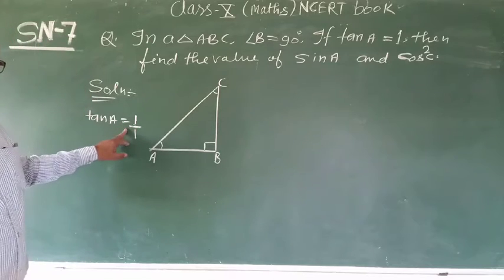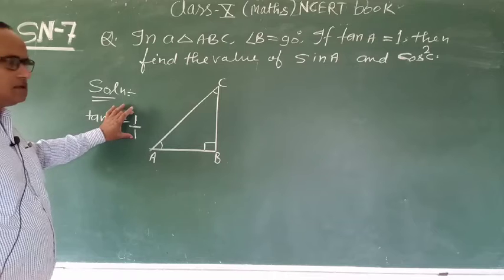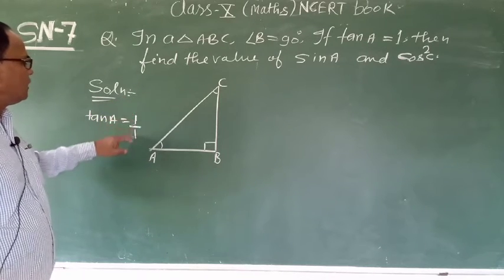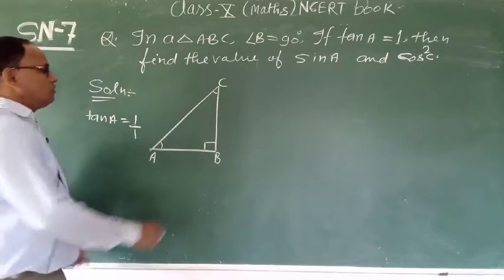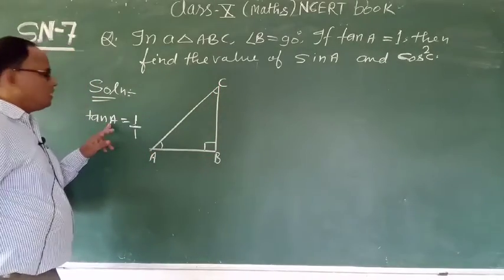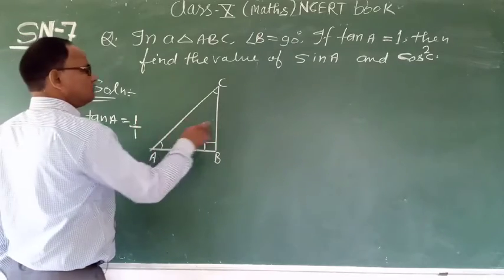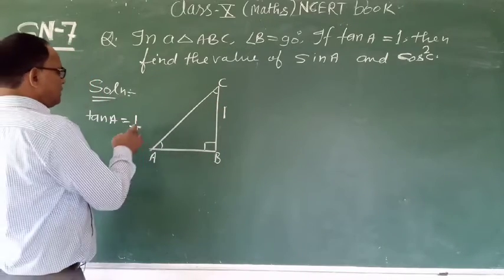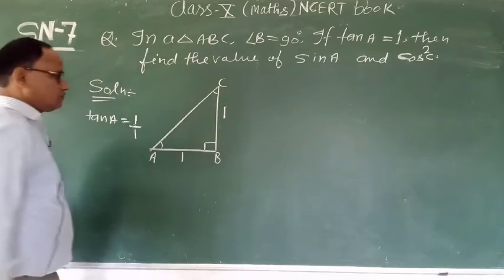So 1 and 1 here. The ratio of tan A is equal to perpendicular by base in triangle A. BC is the perpendicular line with value 1 and AB is the base with value 1.